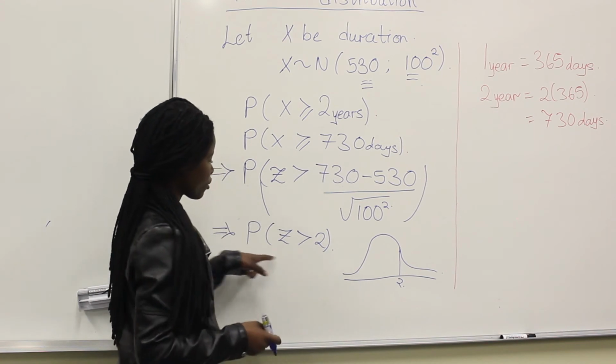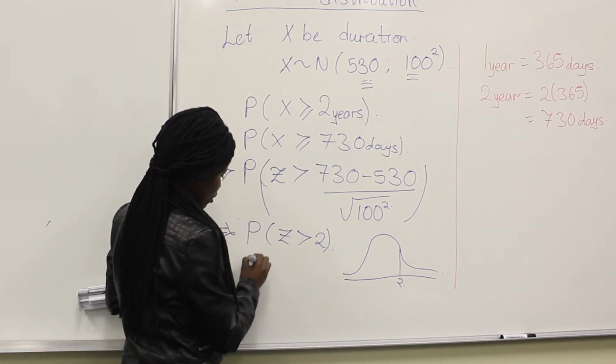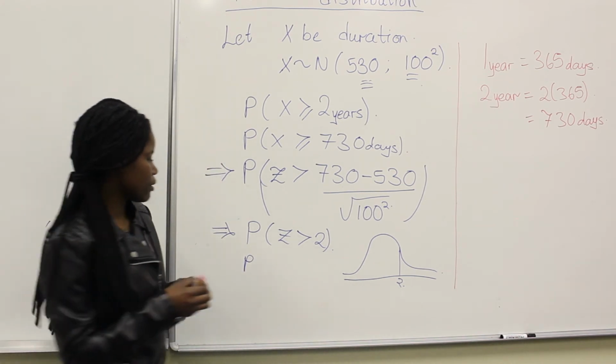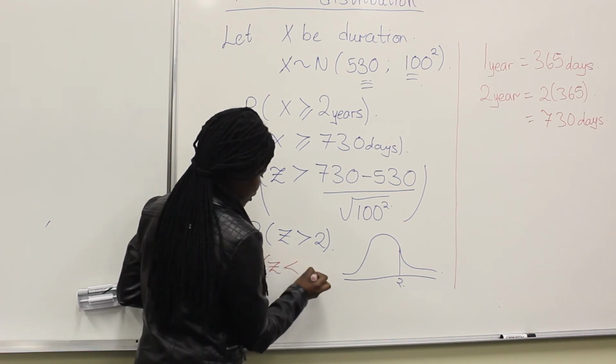We know that for our tables, it has to be the probability of z being less than something.